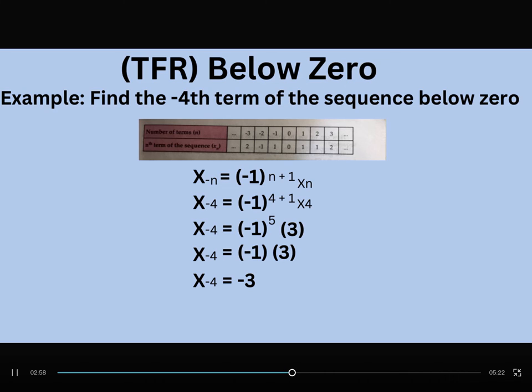The fourth term value is 3, so we put that in for x sub 4. Now we have x sub negative 4 equals negative 1 to the fifth power times 3. If we multiply negative 1 by 3, we get x sub negative 4 equals negative 3.